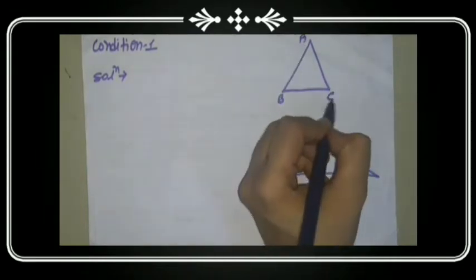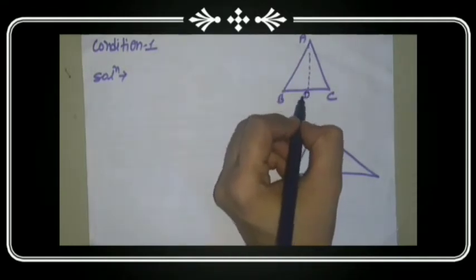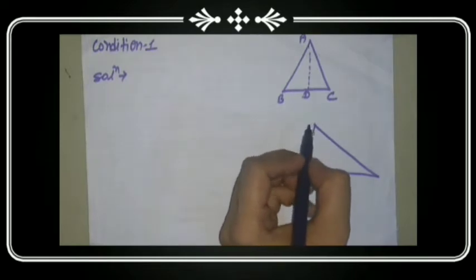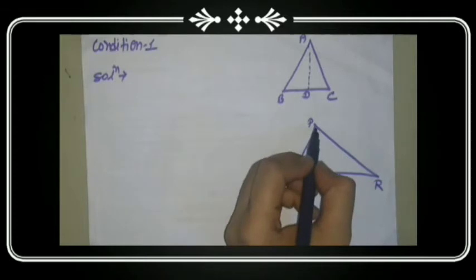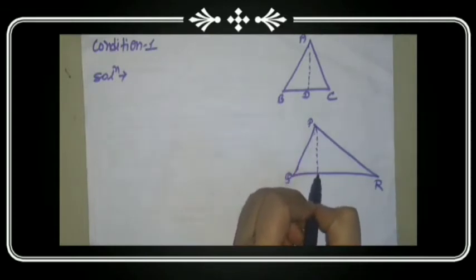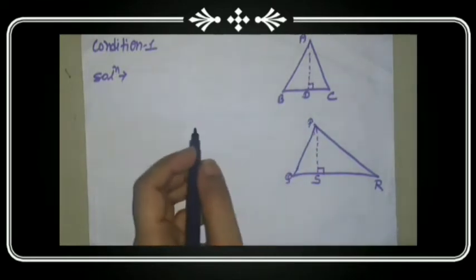In triangle ABC, AD is a perpendicular of BC, and in triangle PQR, PS is a perpendicular of QR. Solution.